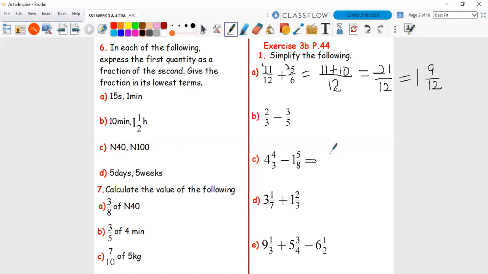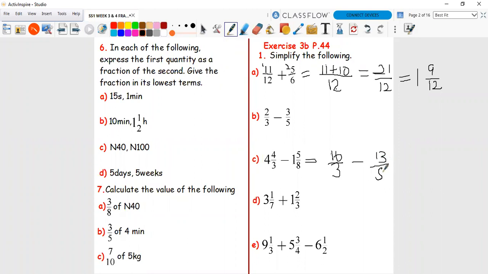So you are going to have 16 over 3. And then you are taking away 8 times 1 is 8. 8 plus 5 is 13. So you are taking away 13 over 8.